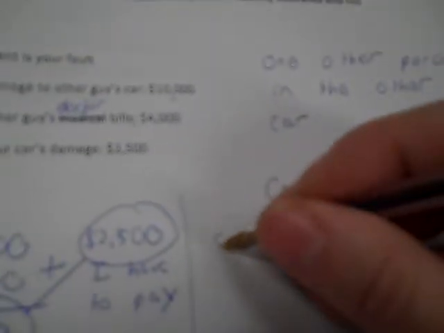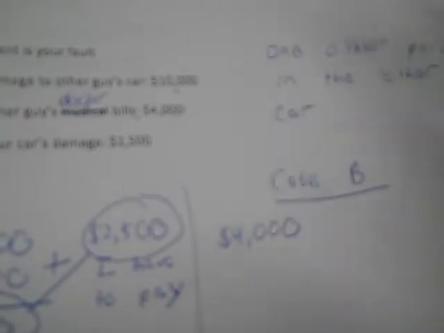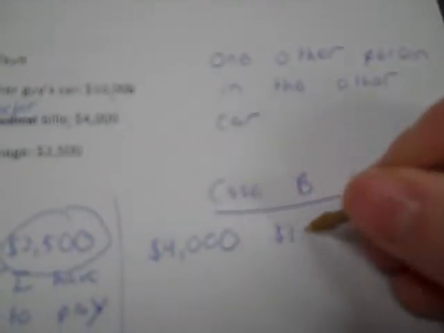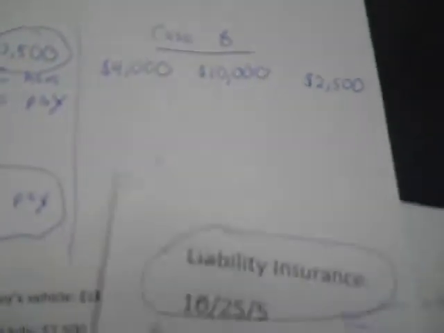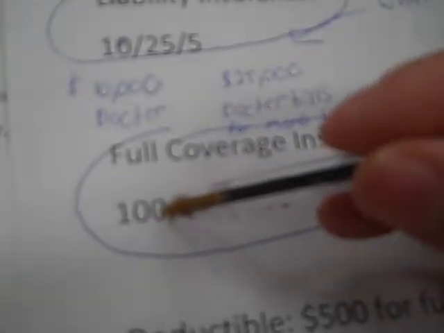Okay, now case B. Case B, we're going to write the same numbers down, okay? The other guy's doctor bills come first. The other guy's car comes next, $10,000. And then my own car's damaged, $2,500. Okay. So now we're going to do the full coverage, okay? And so the $4,000 against for doctor bills, but again, there was only one other person in the other car.